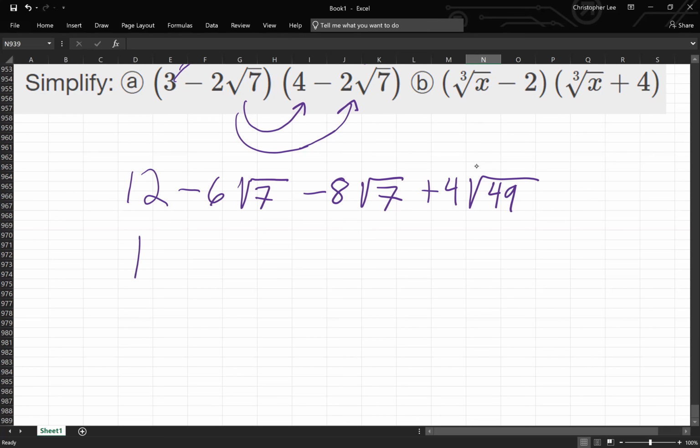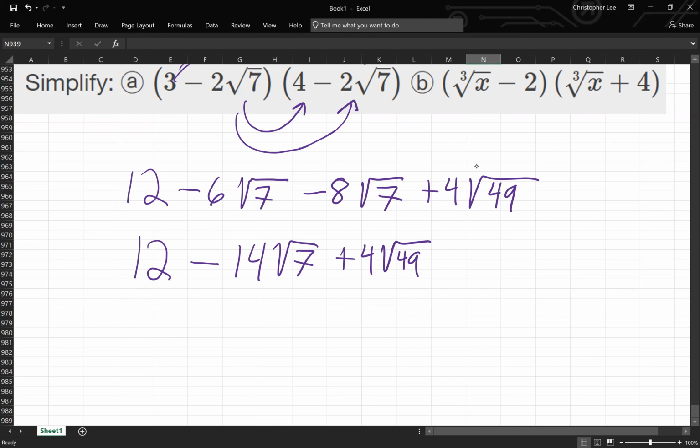So I still have my 12. I see I have a radical 7 and a radical 7. So you already know, right? Same index, same radicand, combine coefficients. Negative 6 minus 8, what's that? Negative 14 square root 7 plus 4 square root 49.